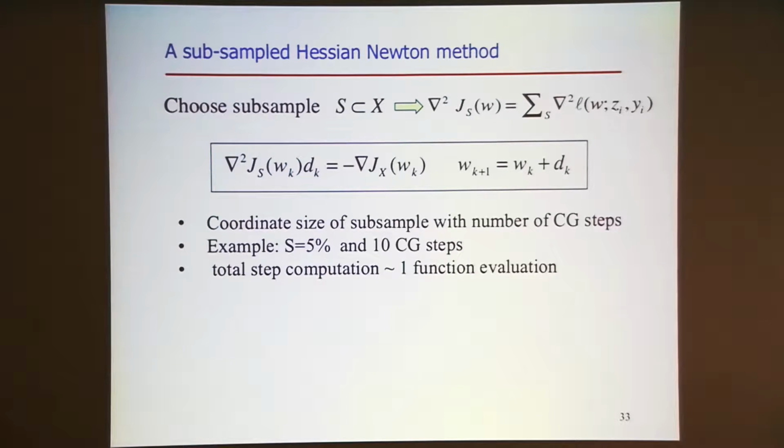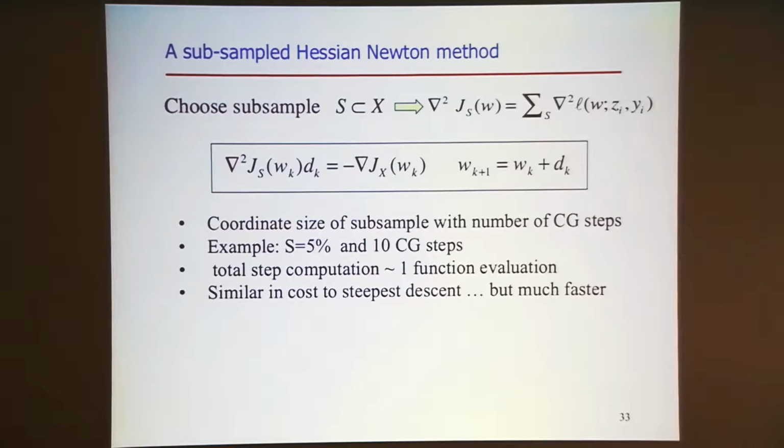When I show you the computations of how Hessian matrix products are done, we will see that a whole cycle of 10 conjugate gradient steps, which require Hessian vector products, if you use only 5% of the information for the Hessian as for the function, this whole cycle is going to cost you about the same as one function or one gradient evaluation.